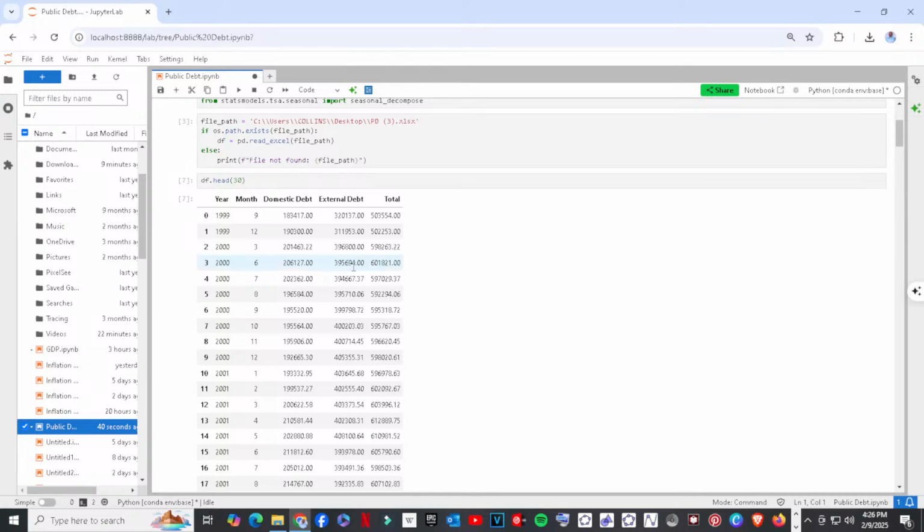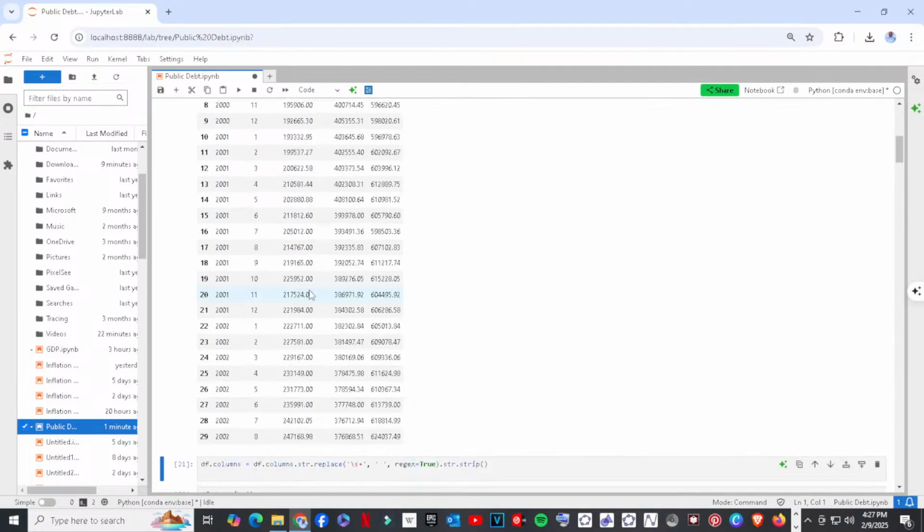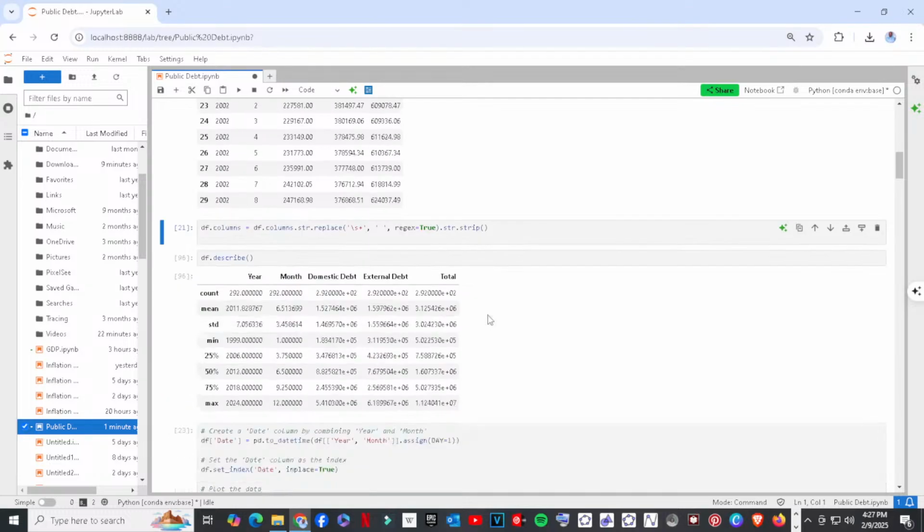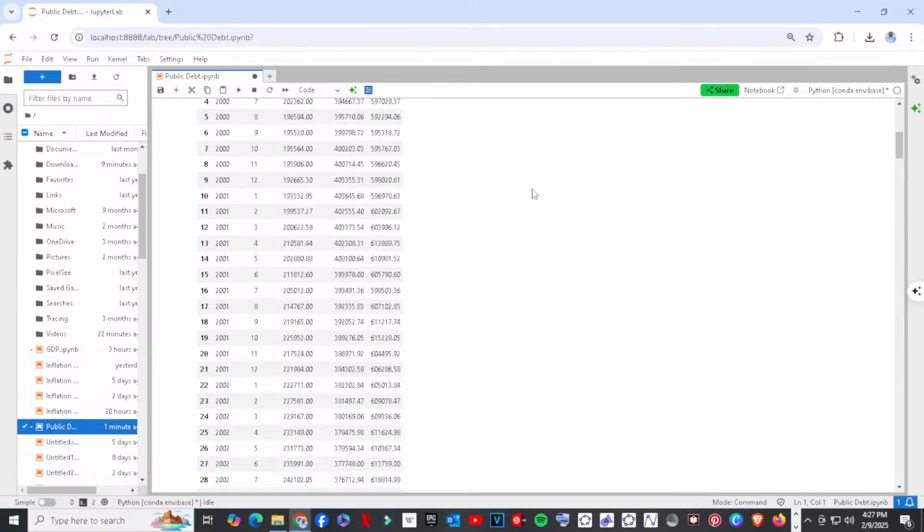So we see that we have month, domestic debt, external debt, and total debt. So it means that now we have our data around, and so we can proceed with the rest of the analysis.